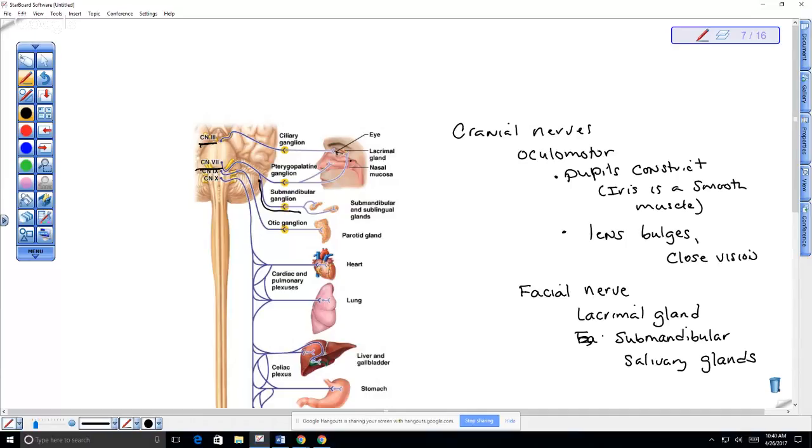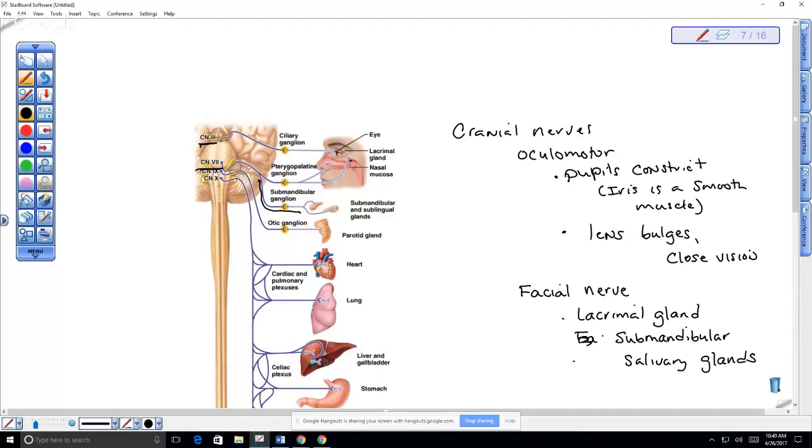Okay, so this facial nerve would release acetylcholine into the synapse with these glands. And in this case, would acetylcholine be excitatory or inhibitory? Excitatory, okay? Because it causes those glands to release their substances via ducts into different areas, okay?